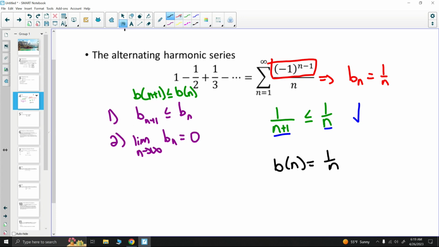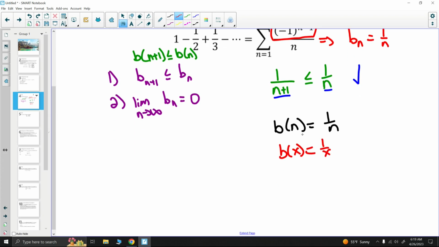So essentially what we can do is treat this like it's a function, like b of x, maybe 1 over x. And we want to think, well, when is this decreasing? When does it have a negative slope? So we just take the derivative. b prime of x would be negative 1 over x squared.